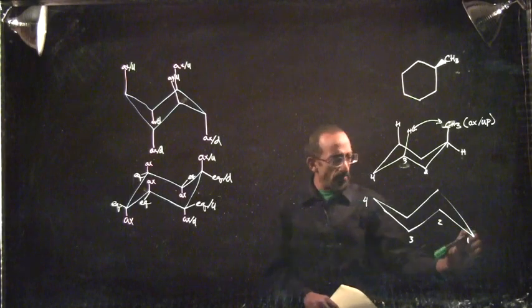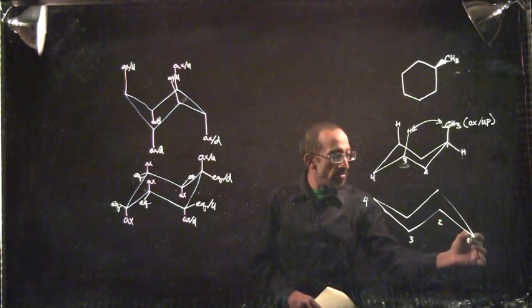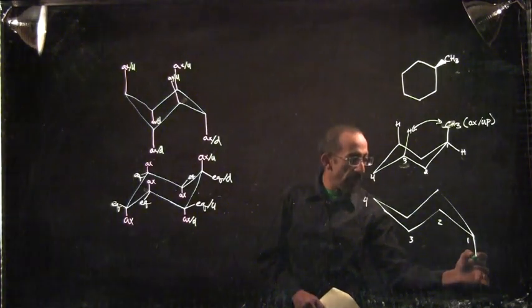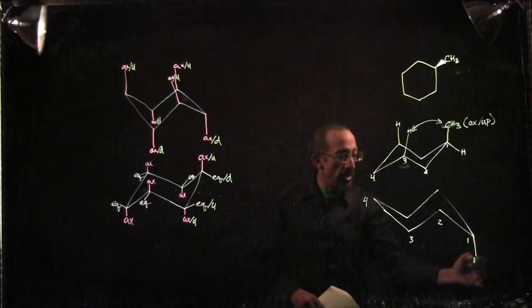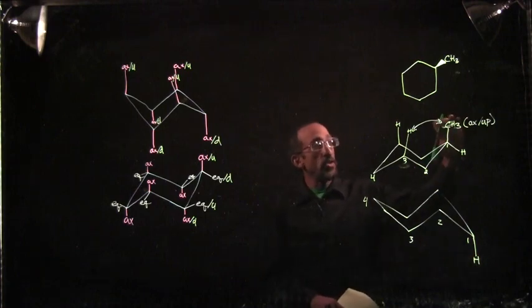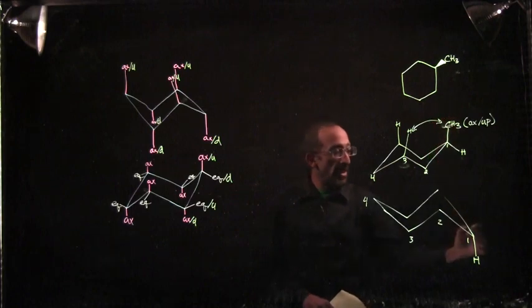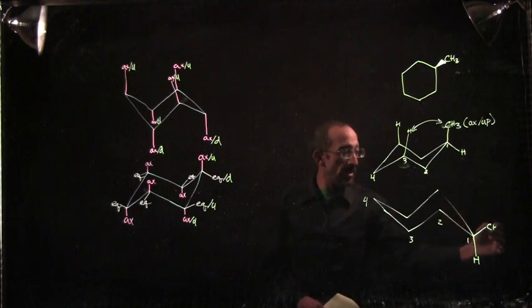However, now at carbon 1, my axial position based on this drawing would be down. And so my hydrogen is down, so I would need to put my hydrogen in that axial position. My methyl group is not axial; the other position is now up equatorial in my lower conformer.